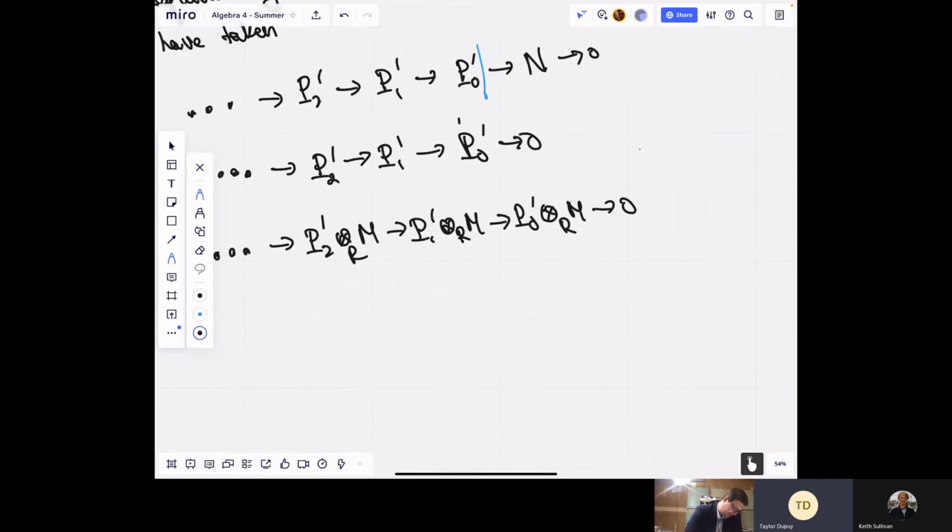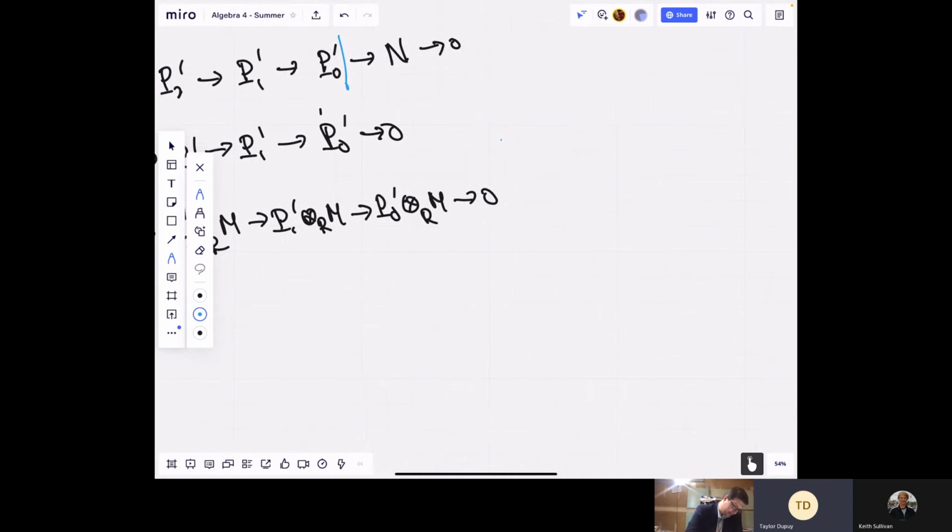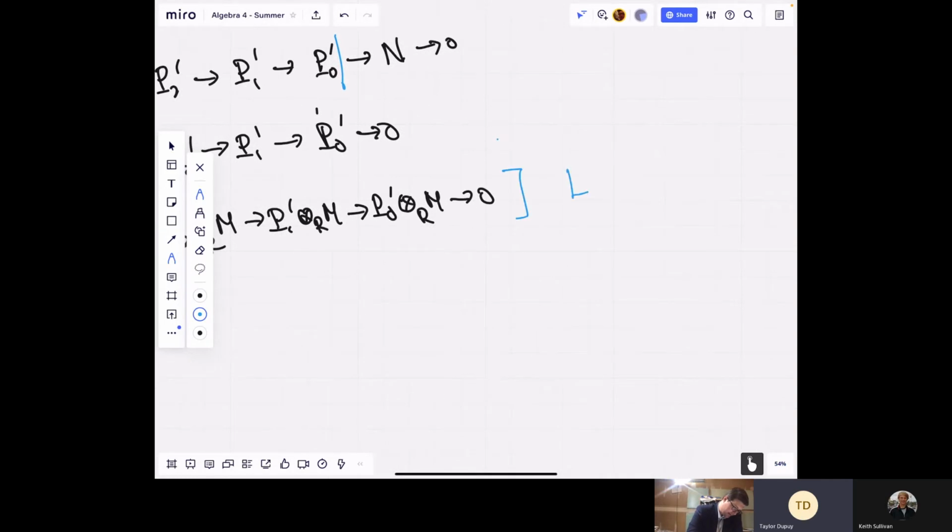So now we have this chain complex. This is the left-derived chain complex of M applied to N. That's the name of this chunk. Maybe we could have put a bullet here, but this is the chain complex we get.